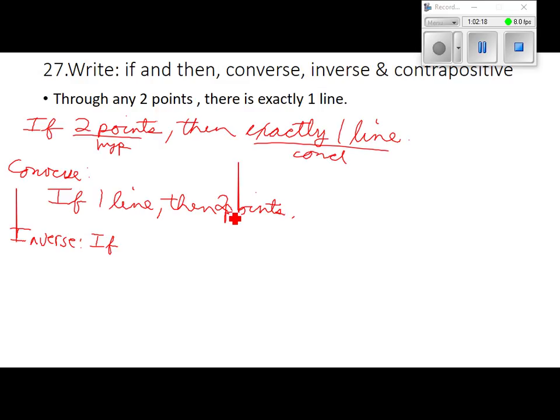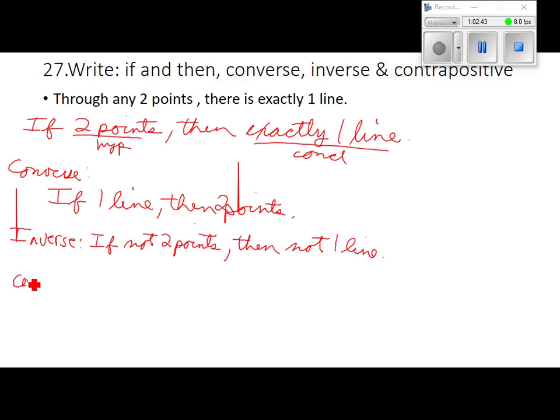So what's this one going to say? If not 2 points, then what? Then not one line. Now again, that doesn't make much sense. You probably want it to make better grammatical sense and say, if you do not have 2 points, then you do not have exactly one line.